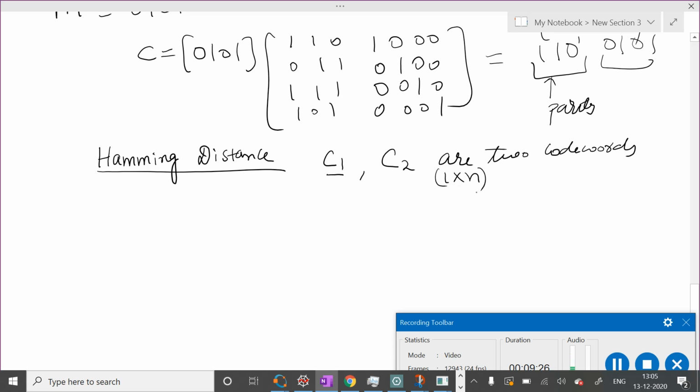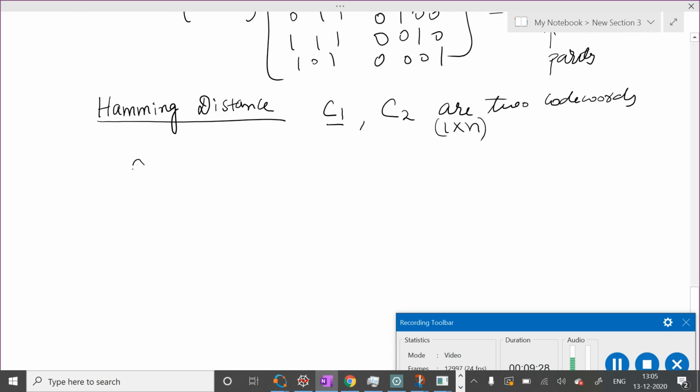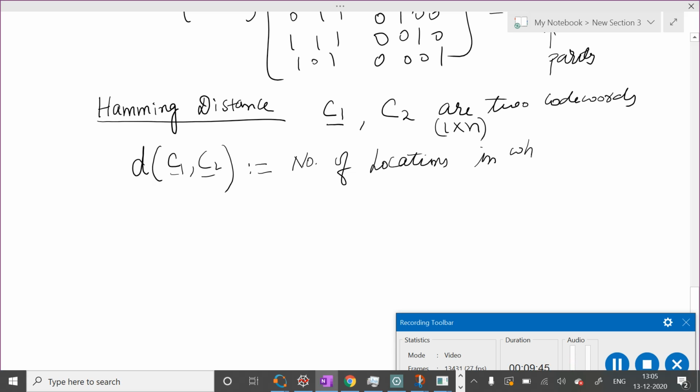Hamming distance is denoted by d of C1 comma C2, and it is defined as the number of locations in which their respective elements differ.